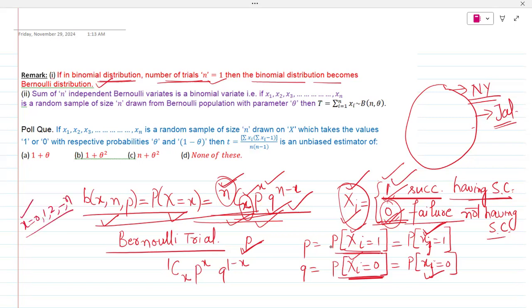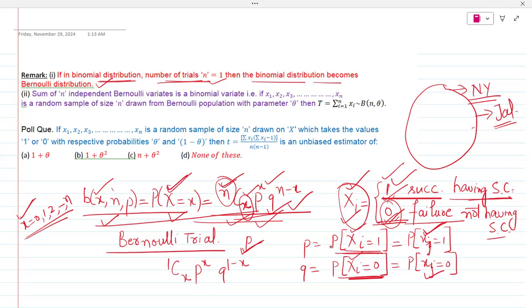Because x, this random variable, represents the number of successes. Please mind, everyone listening to this, please observe my words very carefully: here x, the random variable, represents the number of successes.